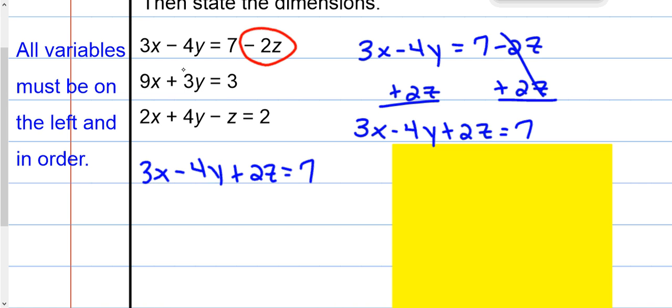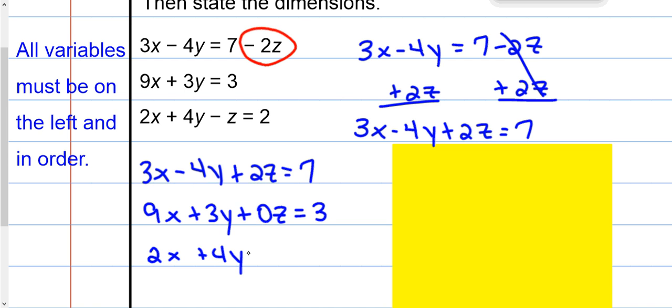That was the first equation, so I'm writing it first. Second equation, 9x plus 3y. There is no z, so I'm going to put plus 0z as a placeholder. Equals 3. Last equation, 2x plus 4y minus z equals 2.